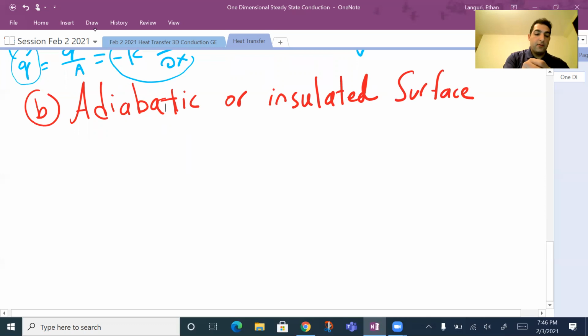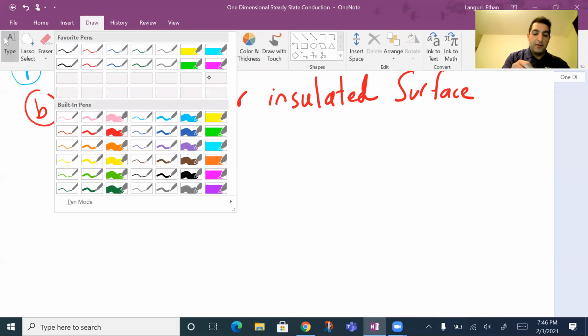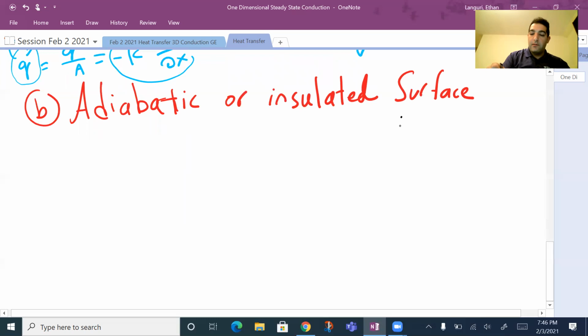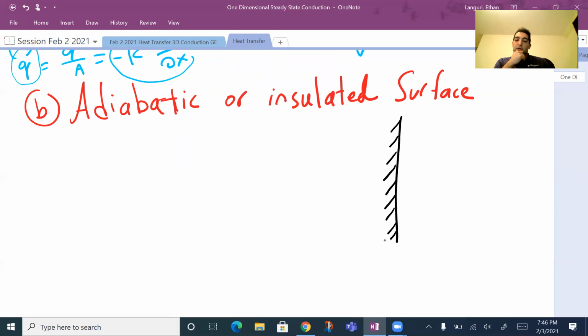So what happens if a surface is insulated? Imagine I have a surface and I put enough insulation on the other side of the surface, and insulation makes sure that heat is not crossing the surface, right? So we're blocking the heat transfer because we insulated the surface. Another term is adiabatic condition. That means that the heat flux going through the wall is zero because it's ideally fully insulated, right?